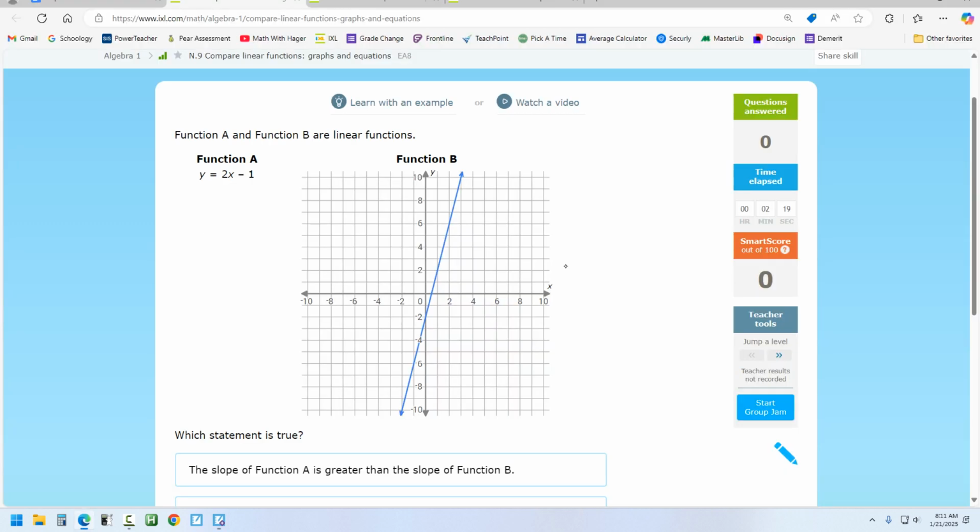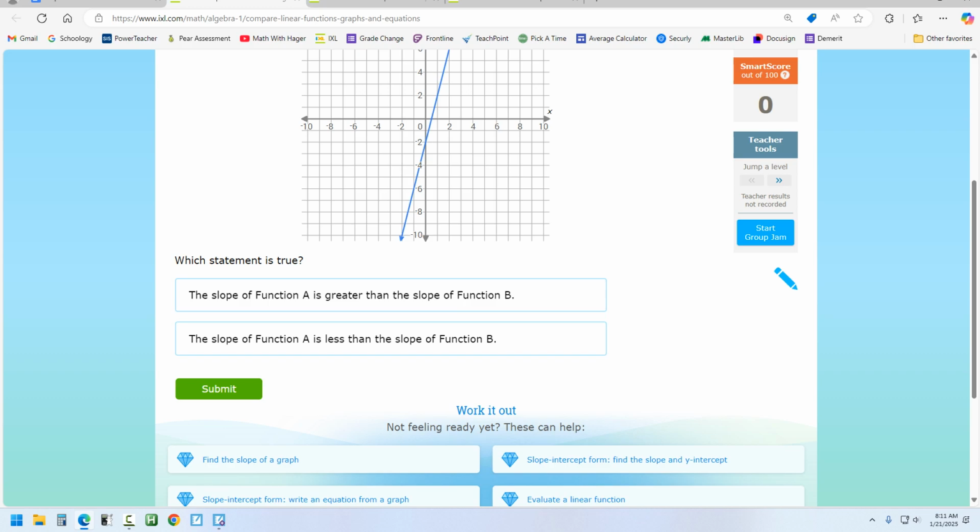Okay. So which choice is correct there? The slope of A is greater than B, or the slope of A is less than B? Which choice is correct? How about Ellie? Which choice would be correct there?